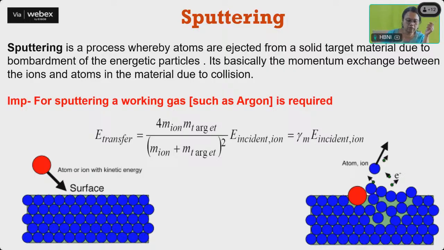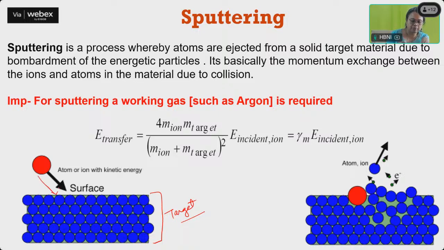So this is my target, of which I want to deposit the thin film. And we have an atom or ion with high energy.